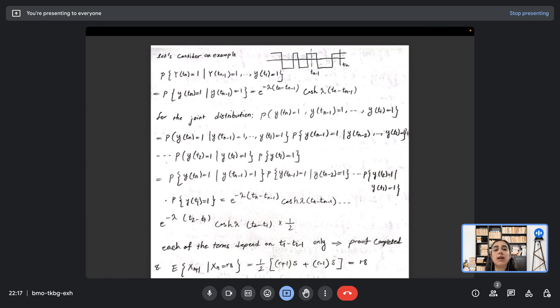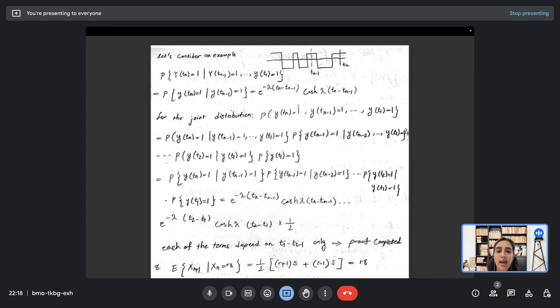And from the example that I showed you, this is equal to e to the power of minus lambda times the time interval between tn and tn minus 1, times the cosine hyperbolic of lambda, and again the delta time. Okay, so I have set up my example now.